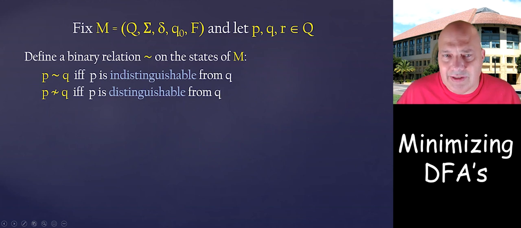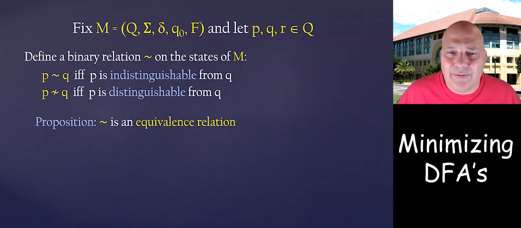So P is not equivalent to Q if P is distinguishable from Q. And I already gave the hint that this relation is an equivalence relation.